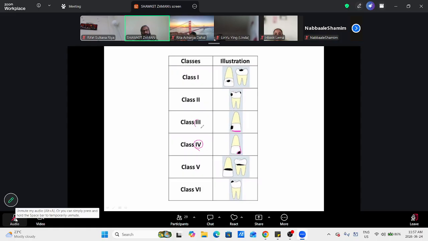So class 3 and class 4 are both for anterior teeth, but the only difference is that in the case of class 3, it will be confined within the mesial surface or the distal surface. It can be like this also. If the caries can be seen here, that can also be known as class 3, but it is not involving the incisal edge.